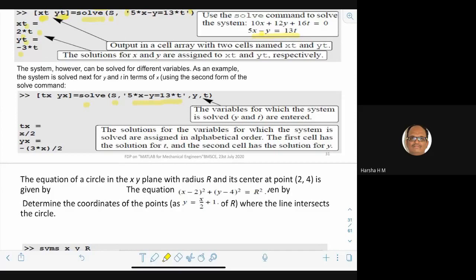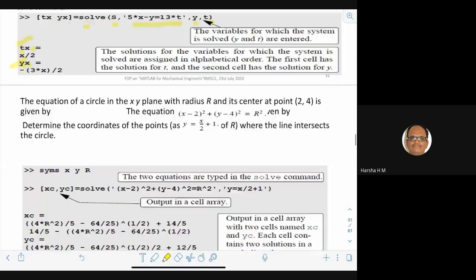That means it will give you expressions for t and y in terms of x, the other variable, because there are three variables in the equation, and you are asking for expressions for t and y. Therefore, it will give you in terms of x. So it is tx and yx. Here it was xt and yt, meaning x in terms of t and y in terms of t. Now it has become t in terms of x and y in terms of x.